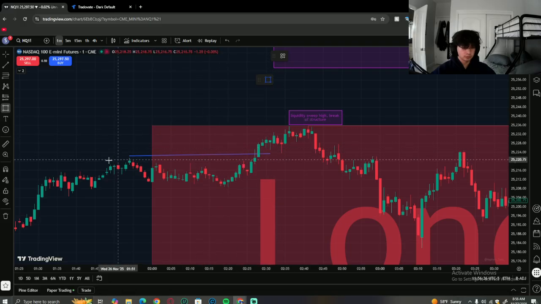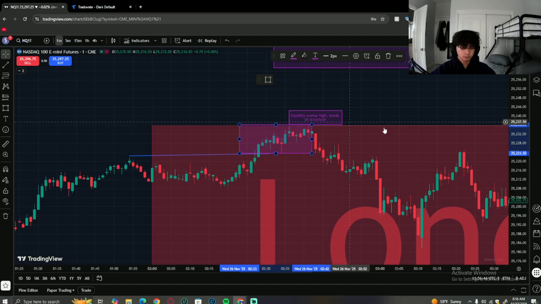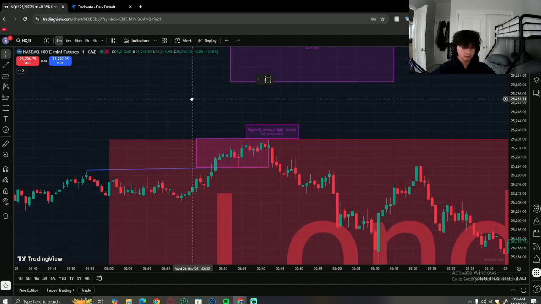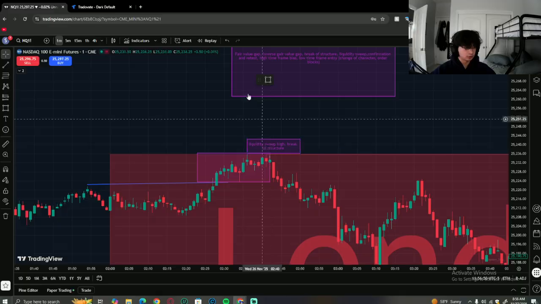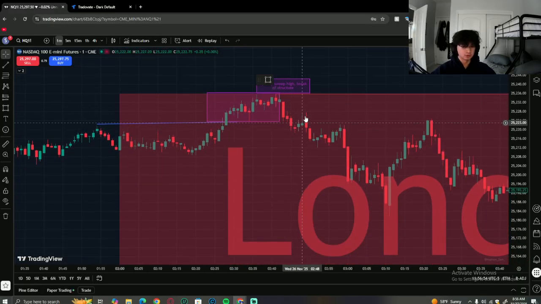So it just broke structure up here, so now it's grabbing all of this liquidity up here. Three, I want to see either a bullish fair value gap that's being retested and continuing in momentum, or an inverse fair value gap that's being retested and continuing in momentum.